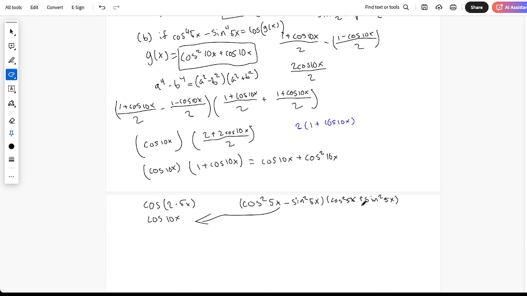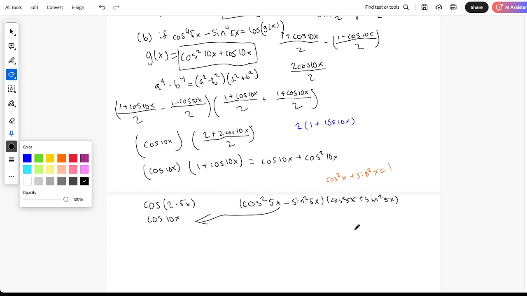But the second part is literally just the Pythagorean identity, not the theorem, but the identity, which is cosine squared of x plus sine squared of x equals 1. And so that's literally just saying this is 1.